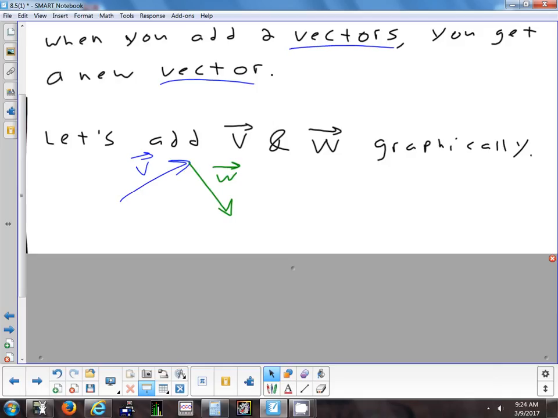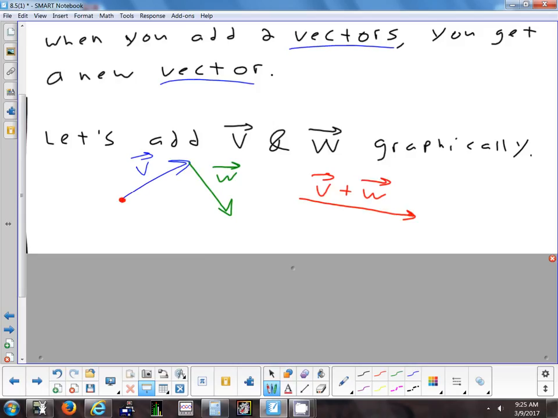So I'm basically connecting where the end of V is to the beginning of W. And then I would draw a new arrow from here to there. Okay. What I just did in red, that is V plus W.